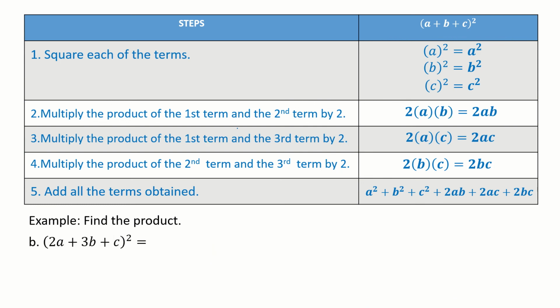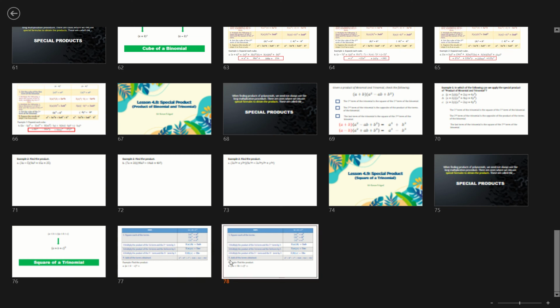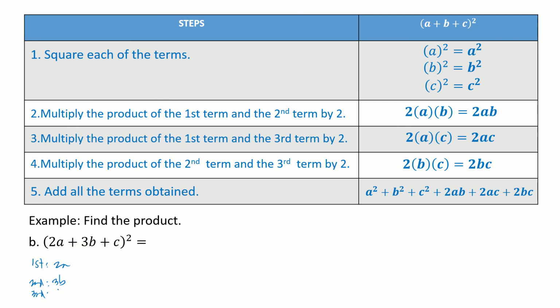Okay, let's have our last example. The square of 2a plus 3b plus c. So our first term is 2a, our second term is 3b, and our third term is c.